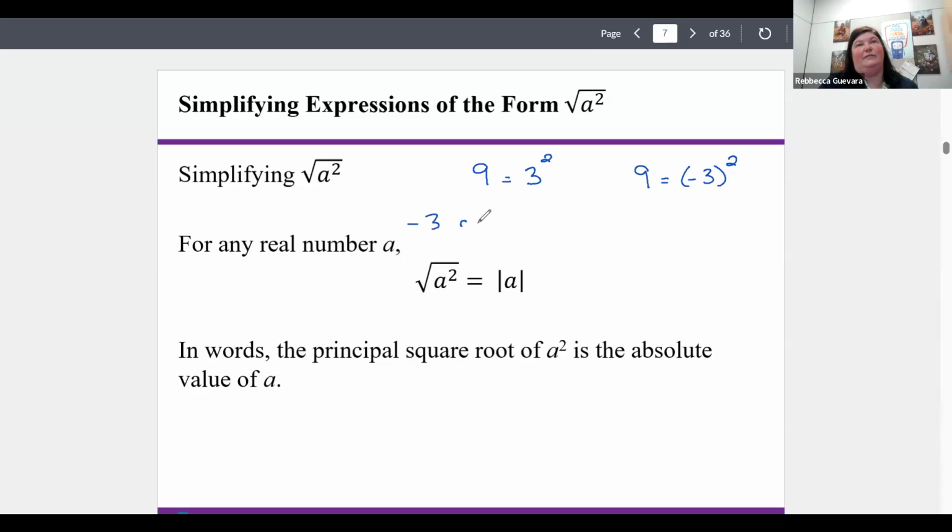Really, -3 and 3 are square roots of 9. Three is the principal root because that's the positive one, and -3 is the negative root.